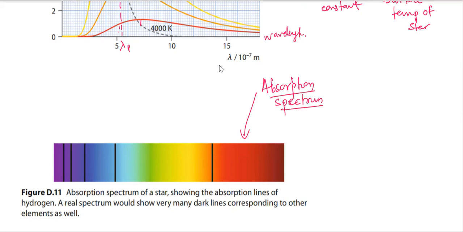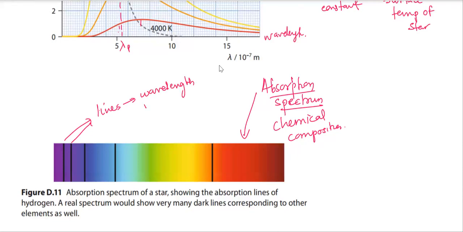The absorption spectrum gives the chemical composition of the star, where the black lines indicate the wavelengths that are absorbed by particular molecules. So we can identify which molecules and which elements are present, and from this absorption spectrum we can determine the chemical composition of a star.